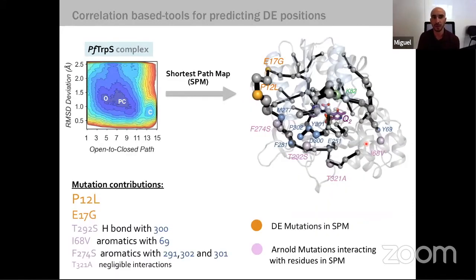So we applied this tool to the tryptophan synthase allosteric complex, and here you see the results. Among the 6 directed evolution positions, 2 are directly identified, 3 were performing persistent non-covalent interactions with many of the residues in the shortest path map that you see in blue, and 1 of the positions has a minor role, since it was performing negligible interactions with SPM residues.